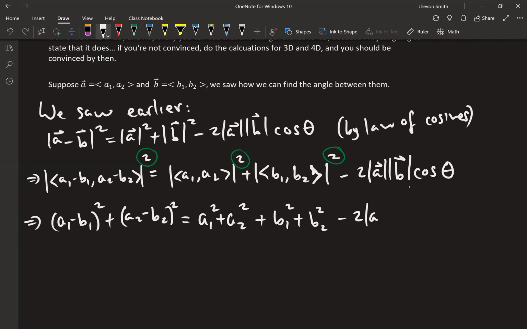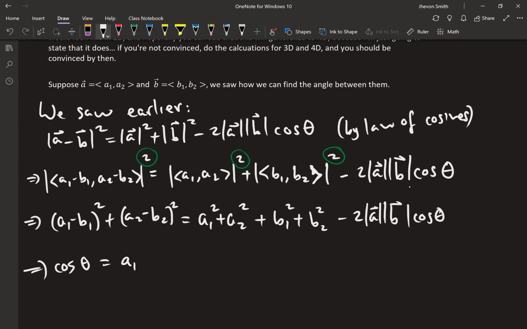Minus 2ab cosine theta. Now, we can solve for the cosine. And what is that going to look like?